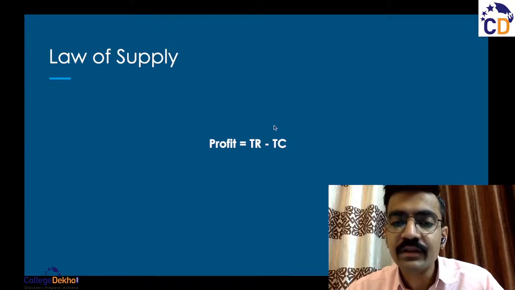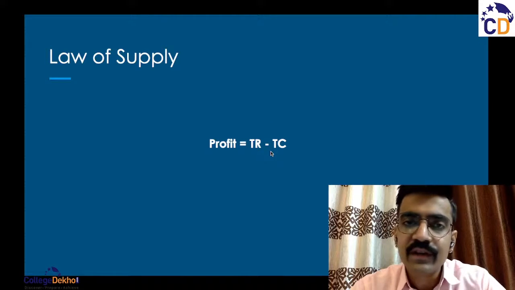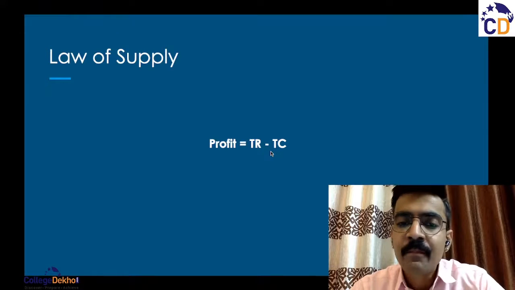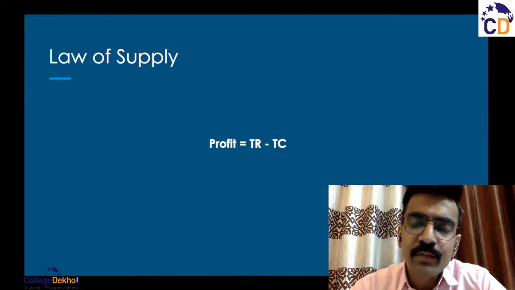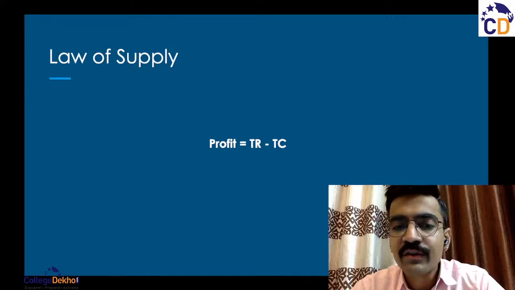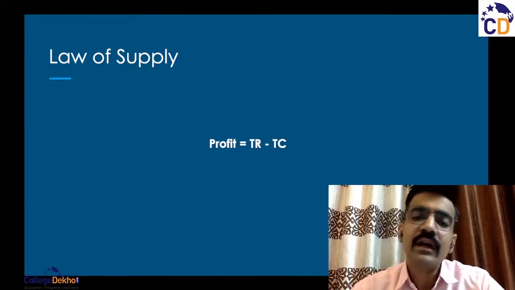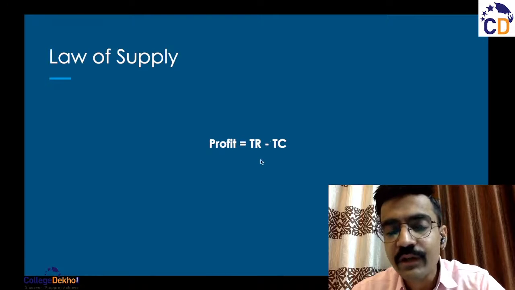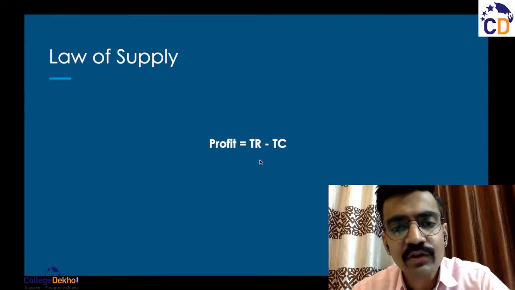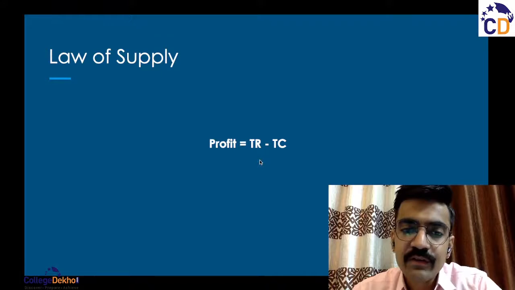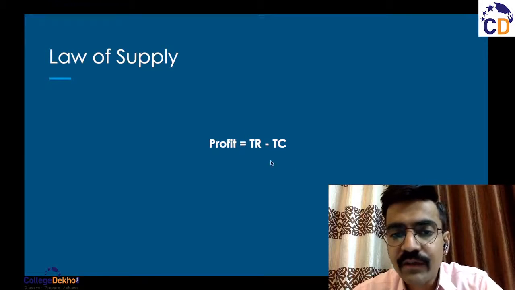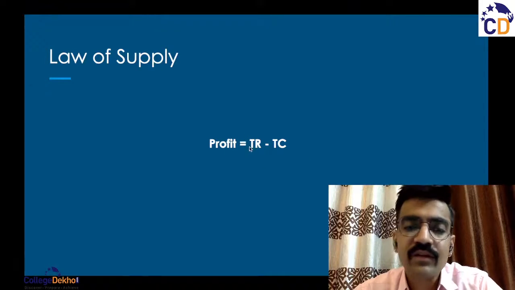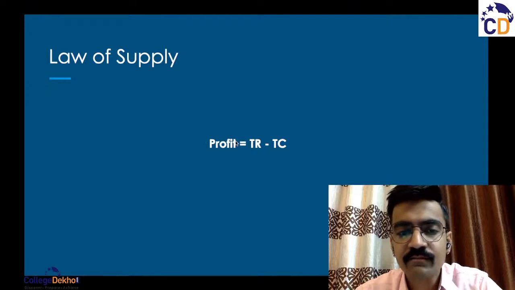All right, whatever cost the company has incurred, whether it has come from procurement of raw materials or services, any type of cost. And all of these costs are deducted from the total revenue that has been generated from the sale of goods or from the sale of services. All right, and whatever the resulting difference is, that is the profit of a business.